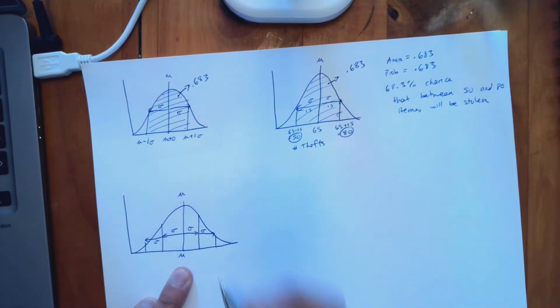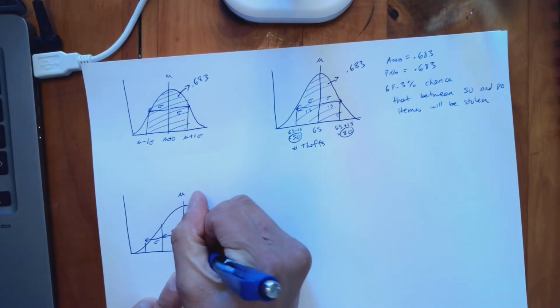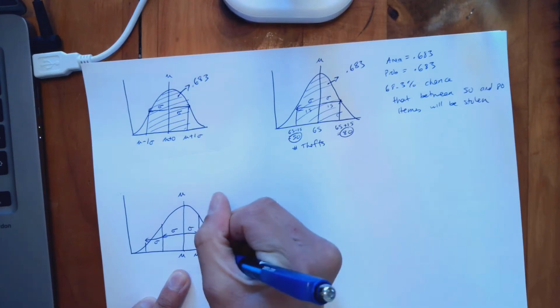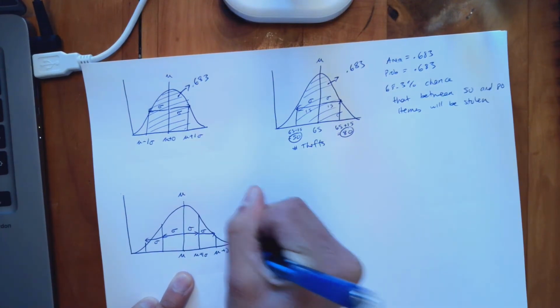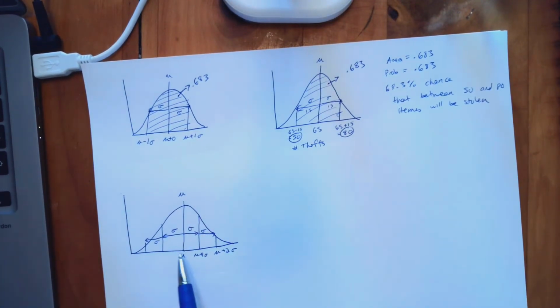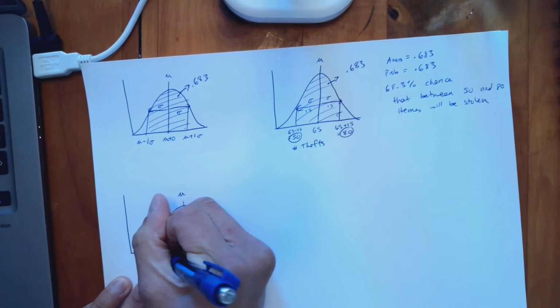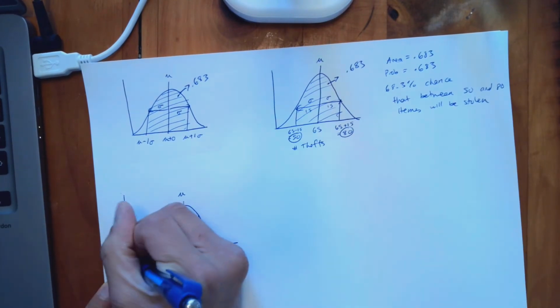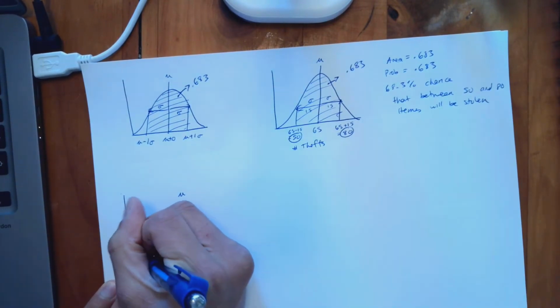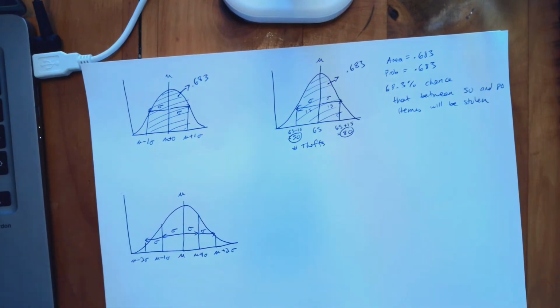So we can refer to this as mu, or mu plus 0 if you want. And then this is mu plus 1 standard deviation. This is mu plus 2 standard deviations. So again, we're going out from the mean 1 standard deviation to 2 standard deviations. We can do the same thing going in the negative direction. So here we have mu minus 1 standard deviation. Here we have mu minus 2 standard deviations.